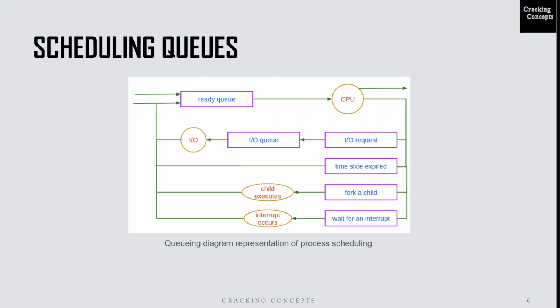And the process could be removed forcibly from the CPU as a result of an interrupt, or be put back into the ready queue. In the first two cases, the process eventually switches from the wait state to the ready state and then is put back into the ready queue. A process continues this cycle until it terminates, at which time it is removed from all the queues and has its PCB and resources deallocated.